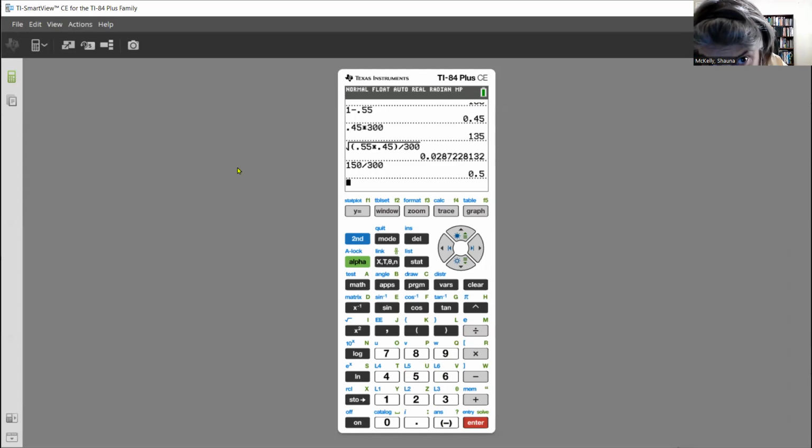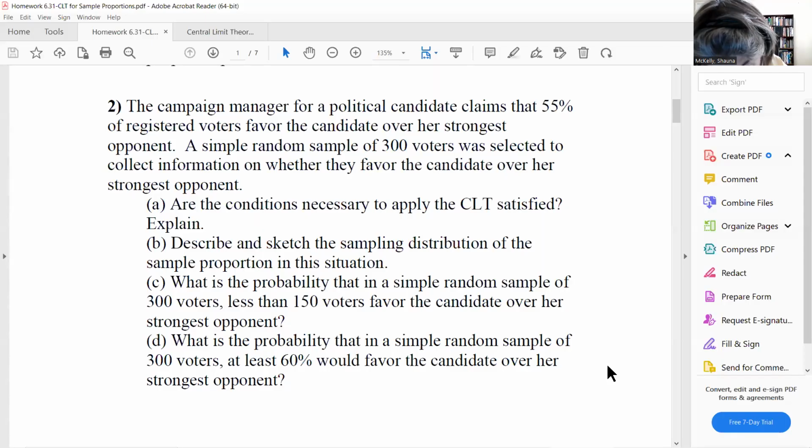So now it says that we want to find the probability that less than 150 voters favor the candidate.